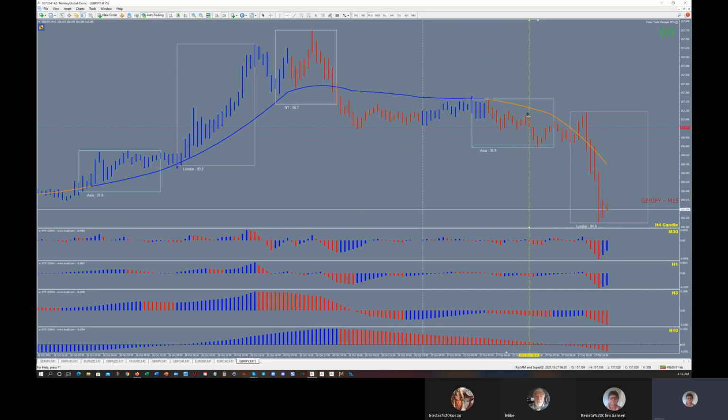Here's my exit and my stop. 10 pips, going for 30. Didn't get it, got stopped out, right? So I lost 10 pips. Here's my next setup. Not taking the trade, so I'm down 10 pips.